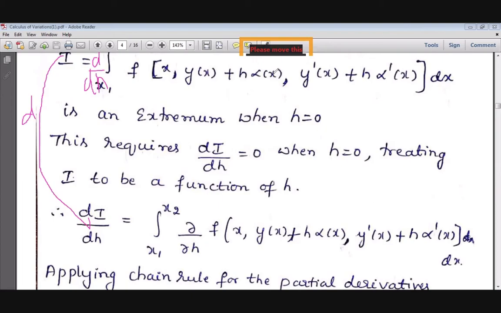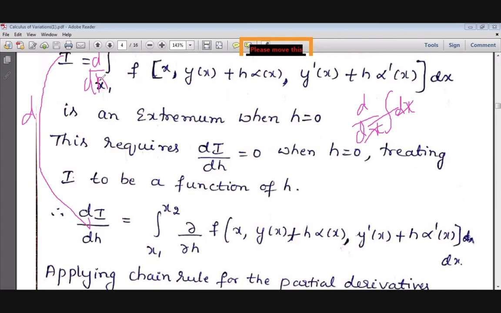dI by dh. But here d by dx of integration of dx would get cancelled, correct? Integration and differentiation are reverse processes. Here also dx means integration and differentiation will cancel.